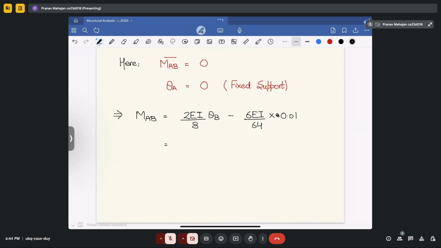Okay. So let's simplify this. It will become equal to 0.25 EI theta B minus 6 upon 64 into EI delta.